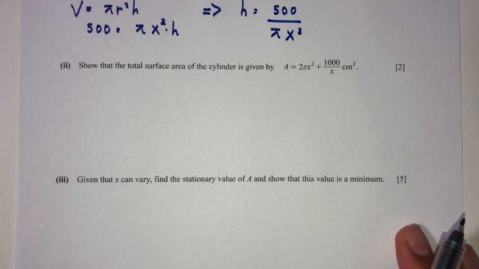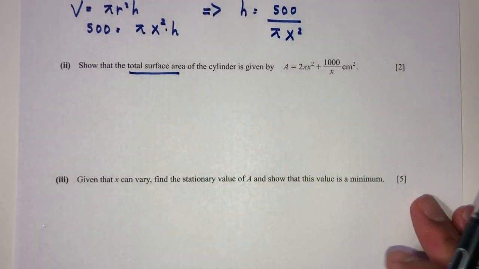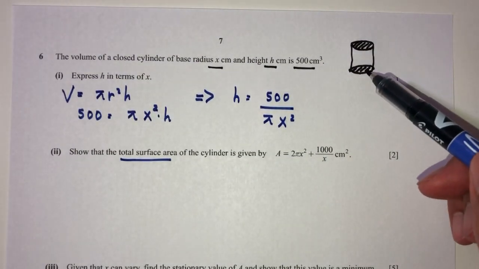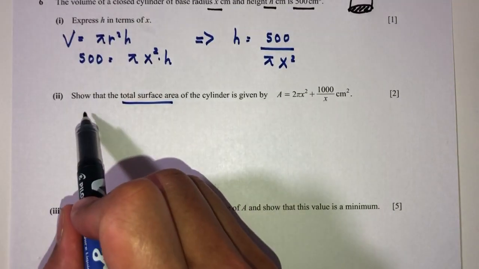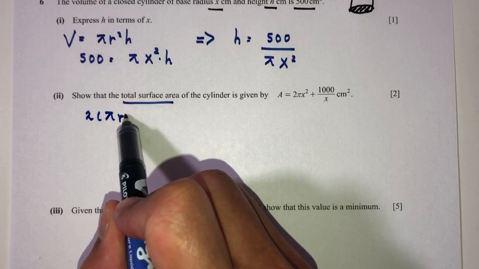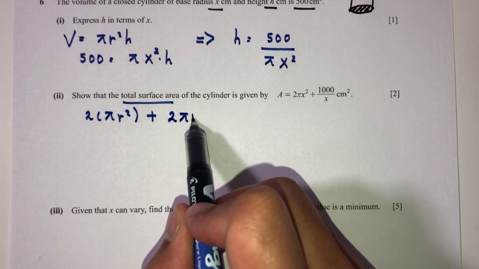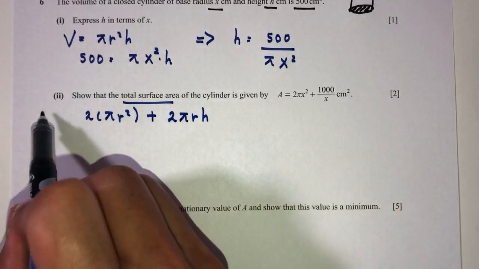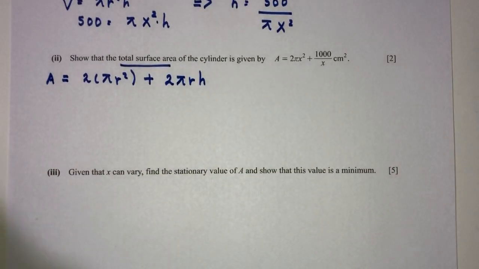Now for part 2, we have to show that the total surface area is given by this. Now if you look at this, we have the base and the top surface, which are circles, so 2 pi r square, plus the curved surface area, which is 2 pi r h. That is A, your total surface area. So now we have to simplify.